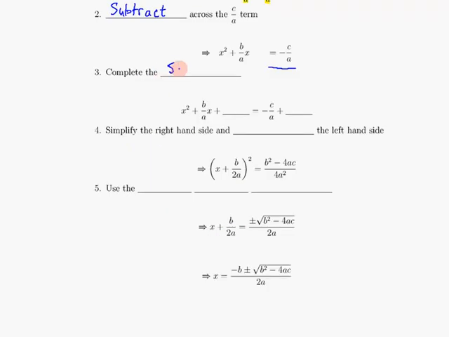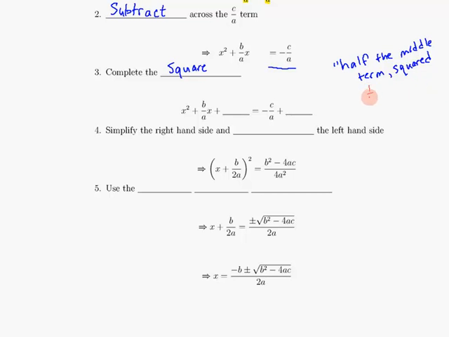Now we complete the square. Remember, what you do to complete the square is take half the middle term, squared. Now in our case, the middle term is b over a.